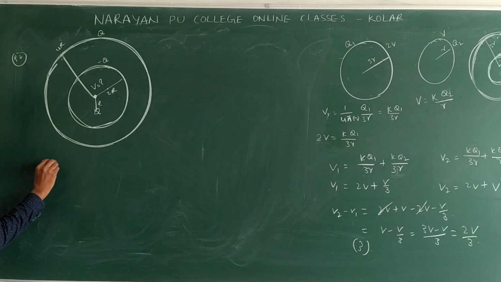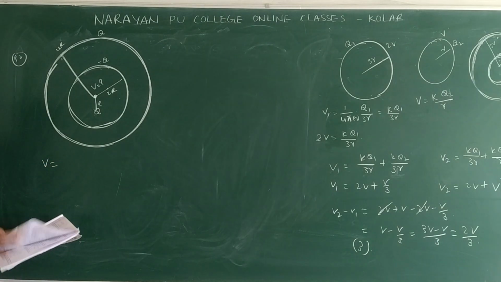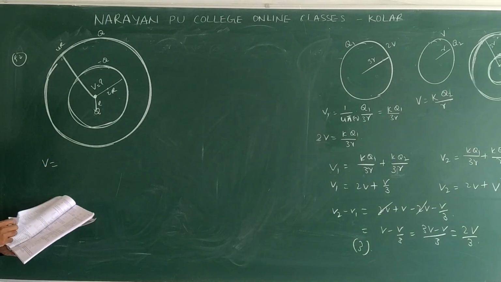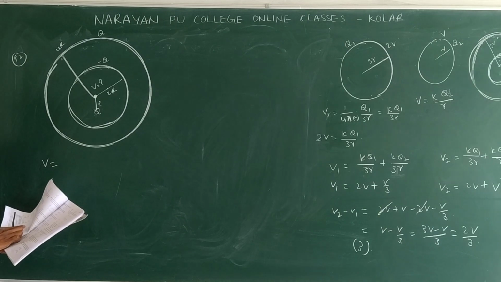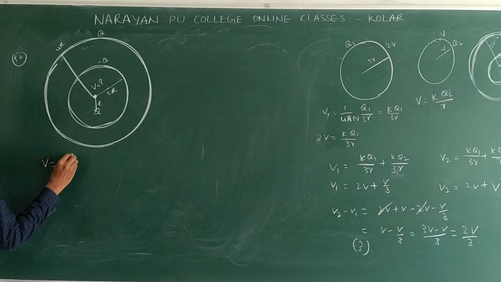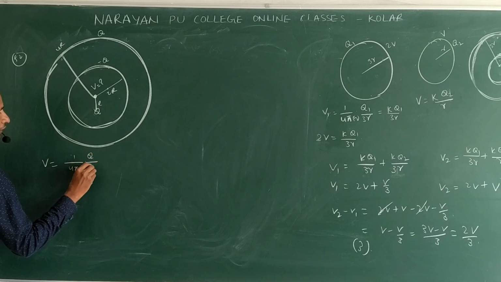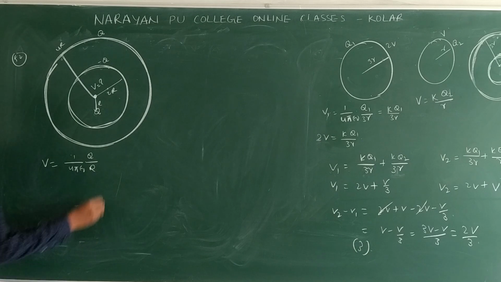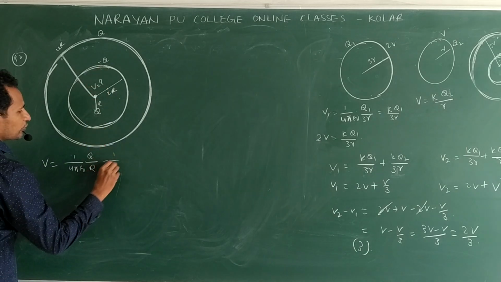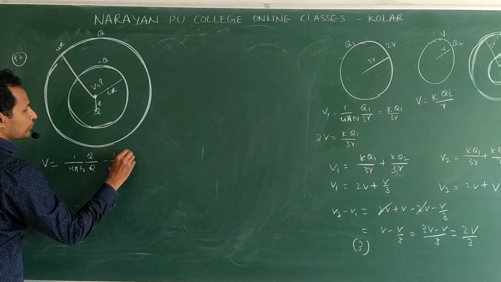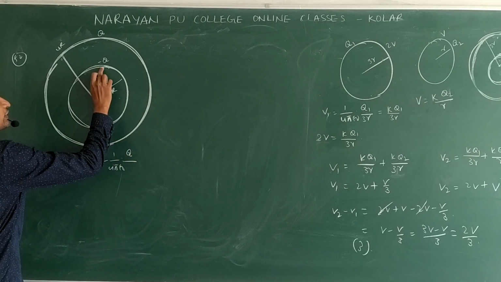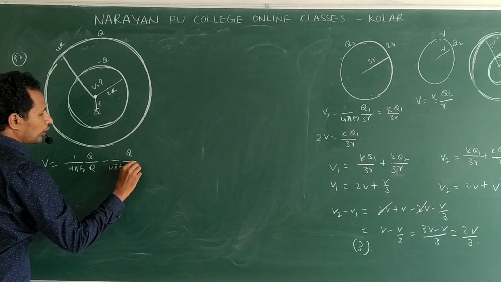Then the total potential will be, they have given in the options with k or 1 by 4 pi epsilon naught. Now potential due to the first charge is 1 by 4 pi epsilon naught Q by r. Next, this is negative charge, minus 1 by 4 pi epsilon naught Q by, what is the distance of this charge to the center? 2r.